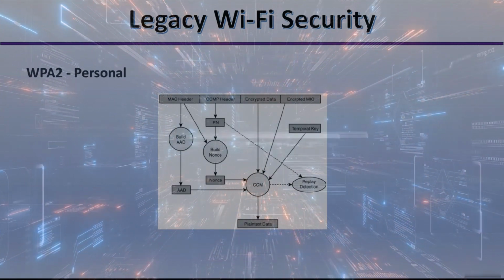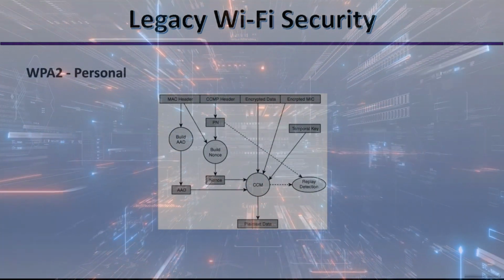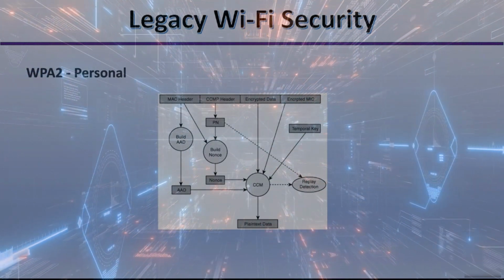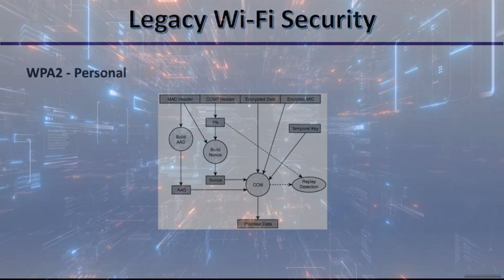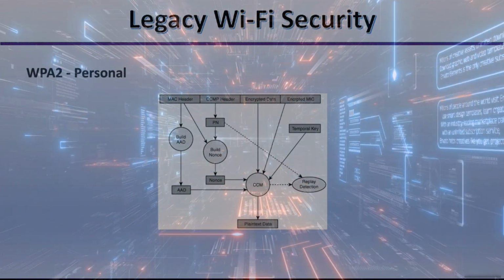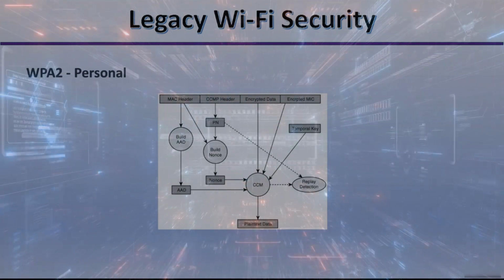So let's look at this from the entire frame's perspective. We start with the MAC header, which contains important control and addressing information for the transmission. The data payload, known as the plain text data, is then encrypted using the CCMP algorithm.